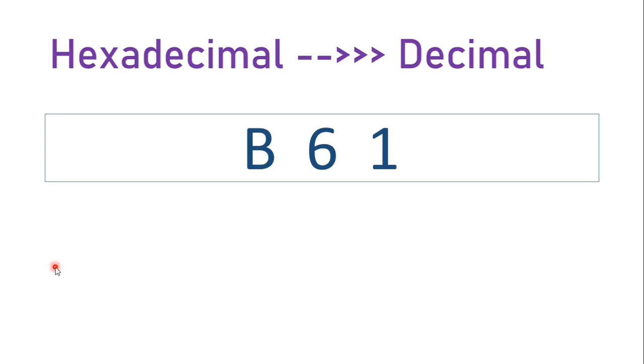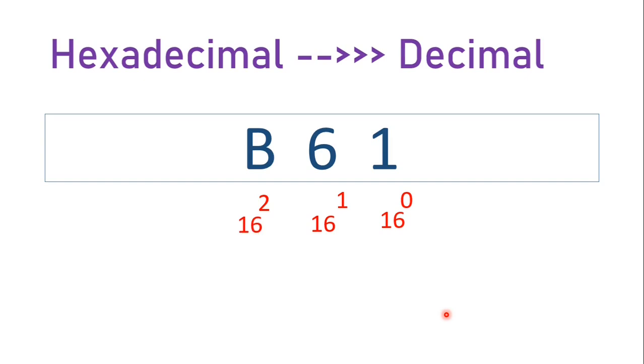The next topic is conversion of hexadecimal to decimal. In the previous slide, we saw conversion of octal to decimal. There the base was 8. Here, as it is hexadecimal, the base would be 16. The first step would be to place 16 beneath each of these numbers. Then put increasing powers, that is 0, 1, 2.